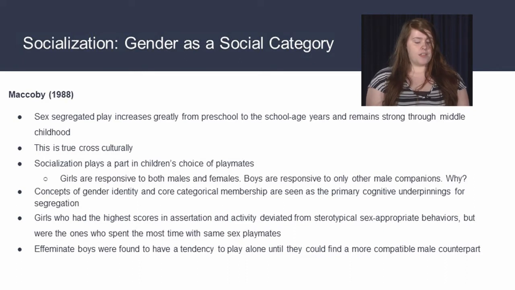This could be because concepts of gender identity and core categorical membership are seen as the primary cognitive underpinnings for segregation. Girls who had the highest scores in assertion and in activity deviated from stereotypical sex-appropriate behaviors, but were the ones who spent the most time with same-sex playmates. Effeminate boys tended to play alone until they could find a more compatible male counterpart.